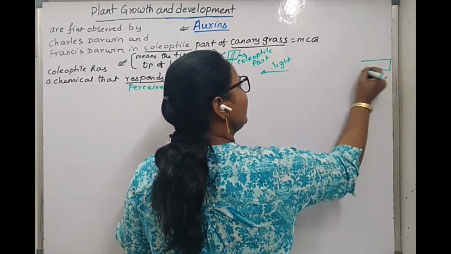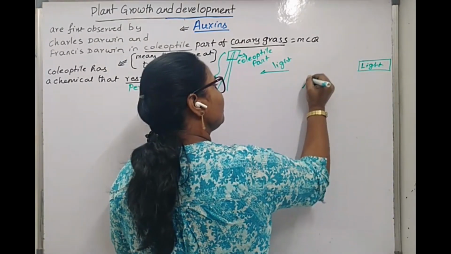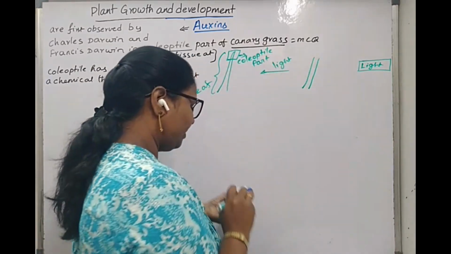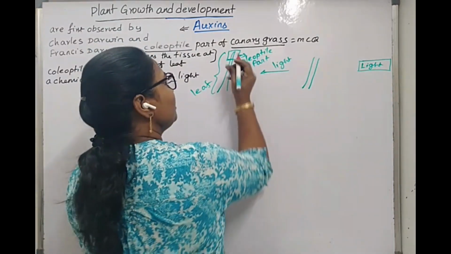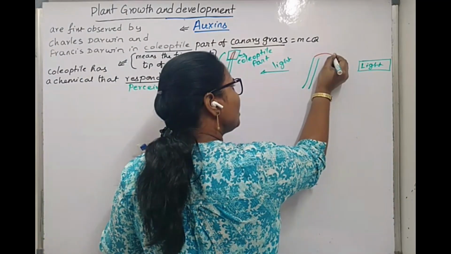So here is the light, and this coleoptile part we will shade with another color. This was bent towards light.